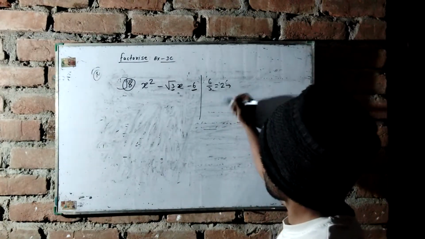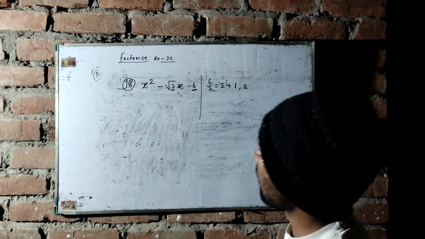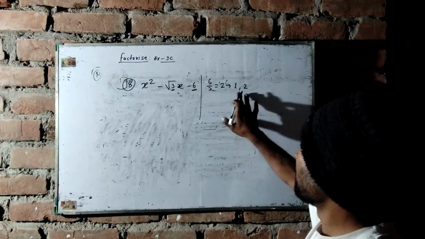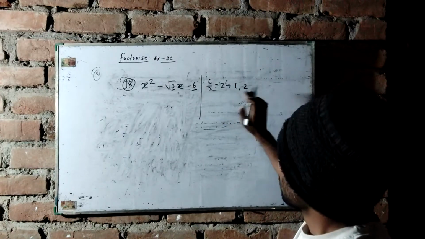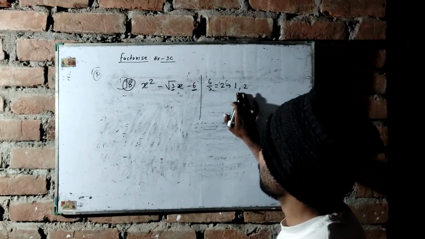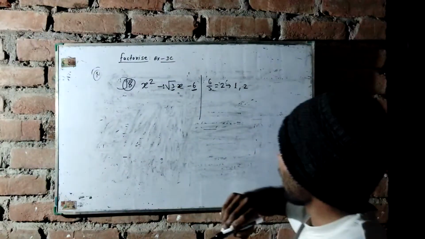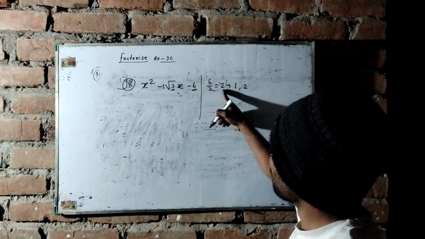So all factors of this quotient will be 1 and 2. Now we have two factors whose difference will be minus 1 and their product will be 2.